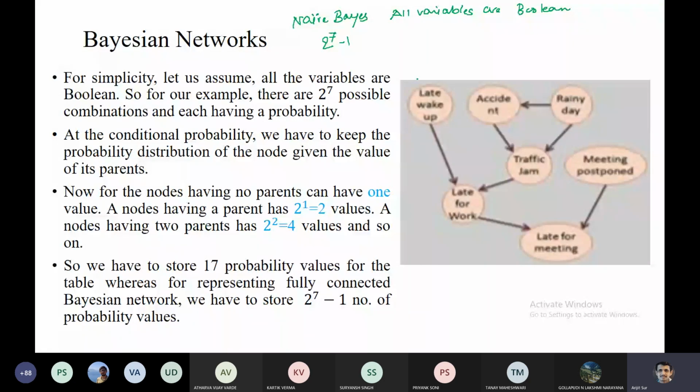So what I'm trying to say is, a node having no parents has how many values? There are no other parent nodes associated with it, so there is only one value associated with it.